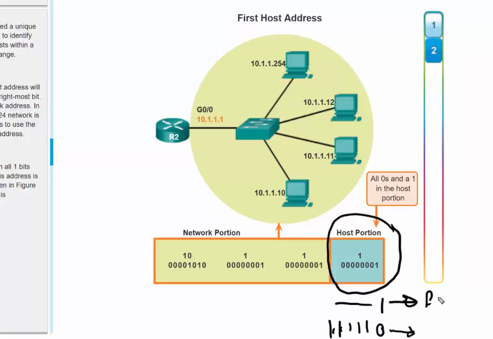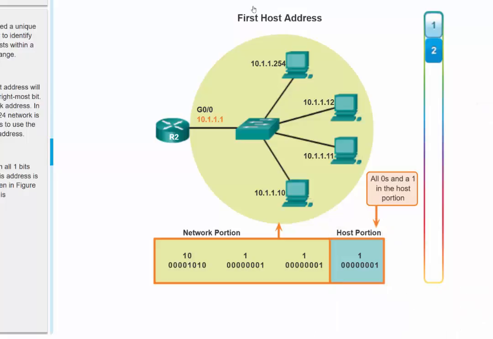So this is the first IP address for a host, and this is the last. Remember that you have a particular size for the host portion to represent the host part and to represent the broadcast. In this way, you can calculate the first and last addresses for a host.